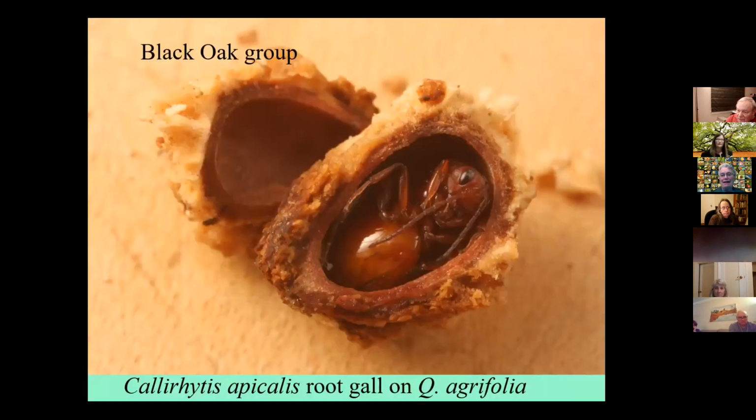Now we're into the black oak group, and here is a root gall, which actually came up in my former boss's yard. Her oak tree had these in its roots. And Joyce and I had great fun with it. Joyce cut this up and dissected it for the photograph, and I got to ID them and point a lot of them for our records in the museum.